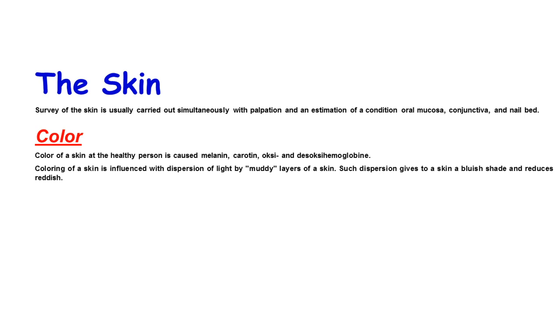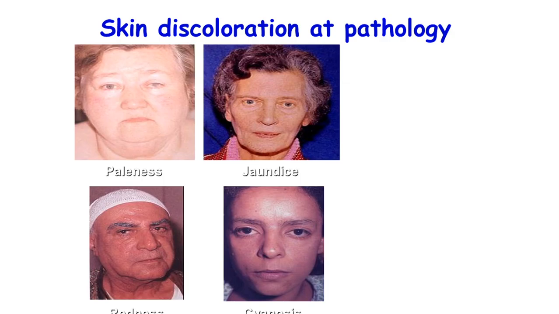Examination of skin. During examination of skin, you should characterize the skin. Of course, you should first check the color of skin, and sometimes discoloration. Sometimes the patient presents paleness, jaundice, redness, cyanosis.